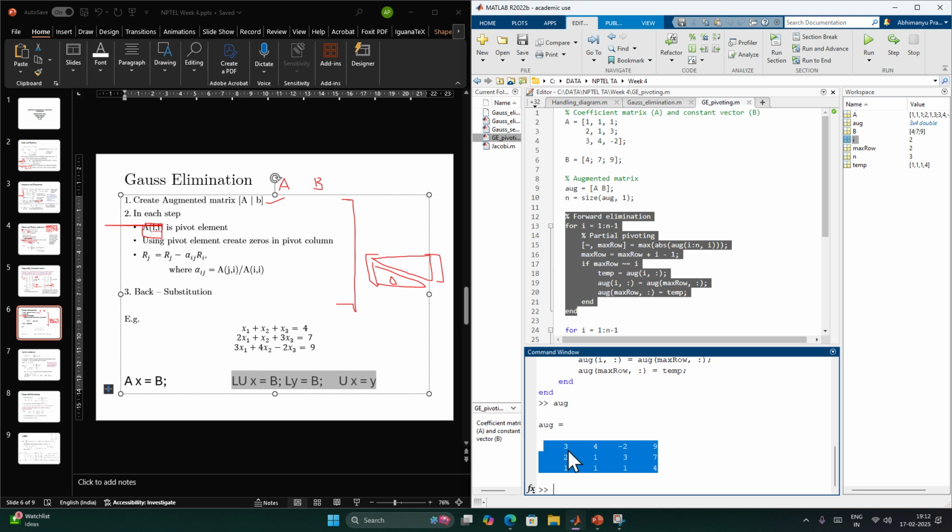What has happened is if we look at the first row, first column, then this is our pivot element, and all the elements below the pivot element are smaller than the pivot element. What this helps us to gain is that we are dividing a smaller element by a larger element, so we are getting a number that is less than 1. If this would not have been the case, we might have some very large number over here, right?